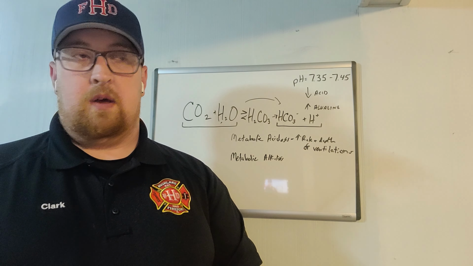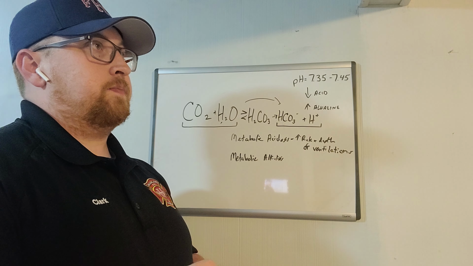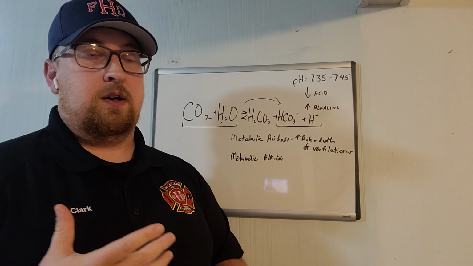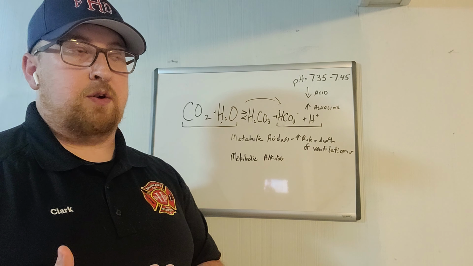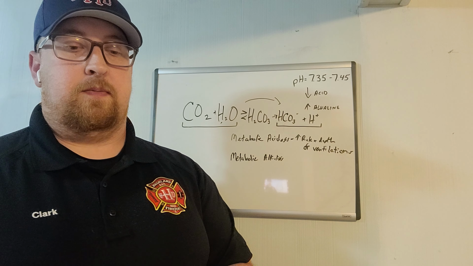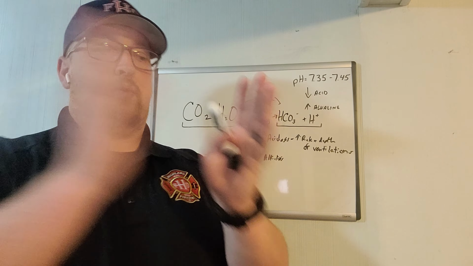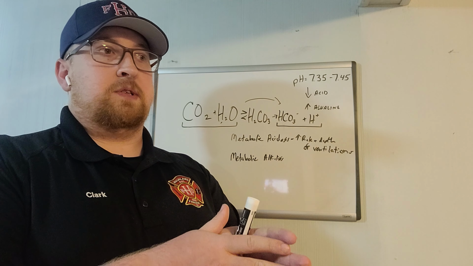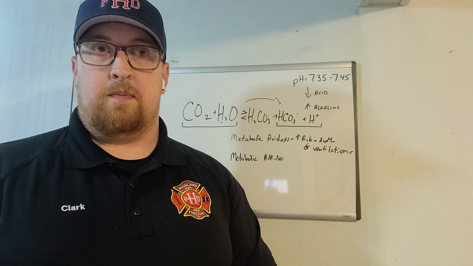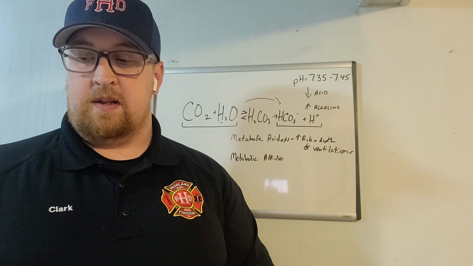The only issue is your kidneys aren't a very fast acting organ system in that manner, so it's not going to be a quick treatment option. It's going to be something a little bit longer term for your kidneys to do, but they are very useful for that.